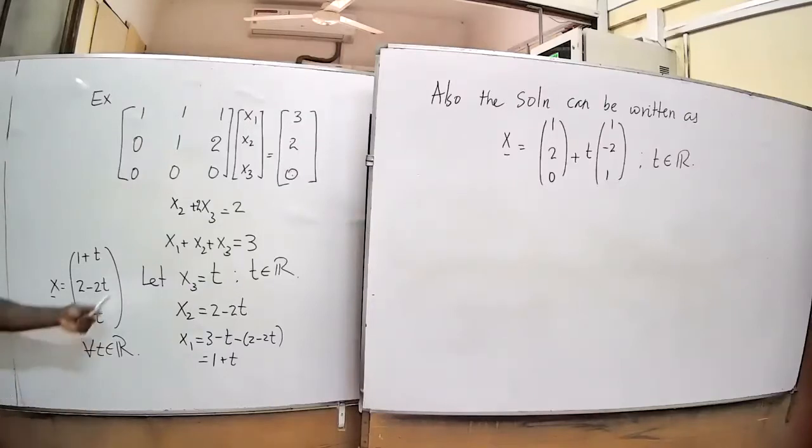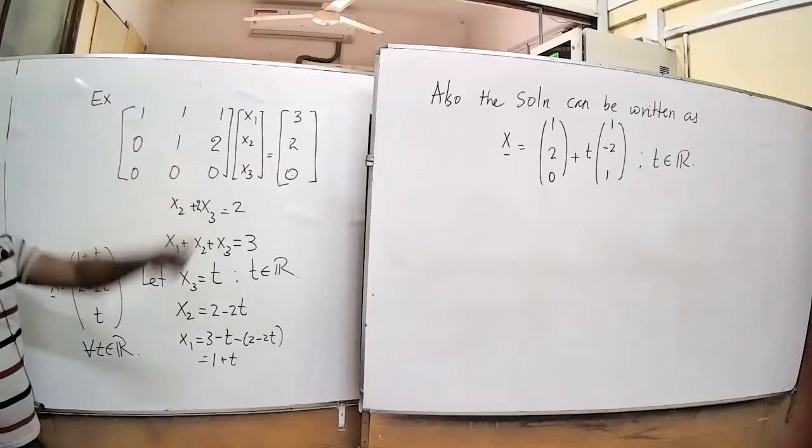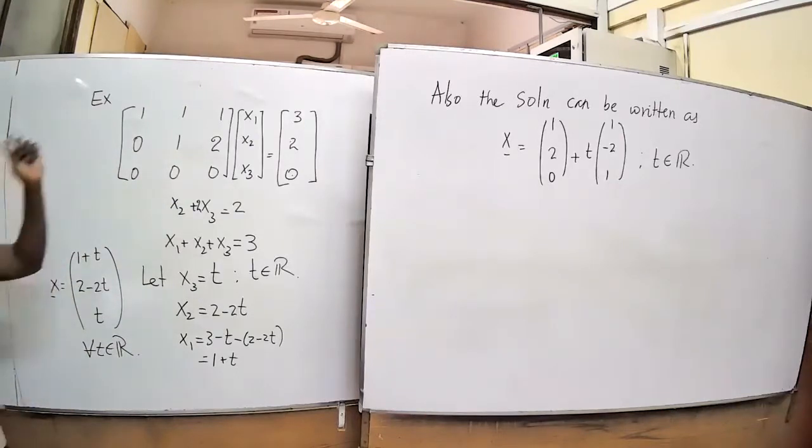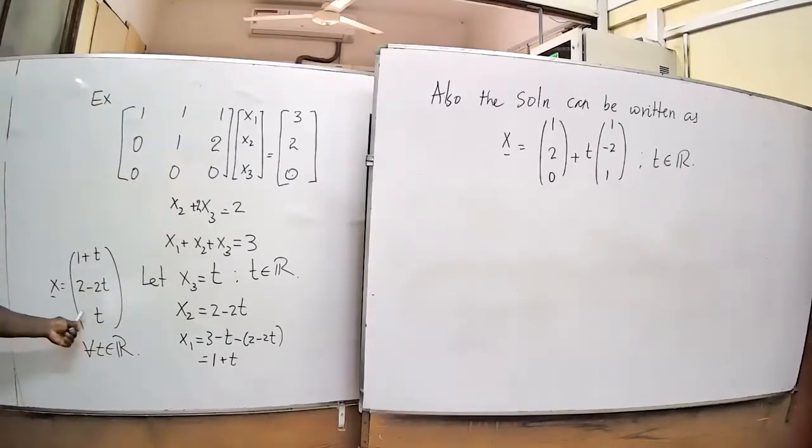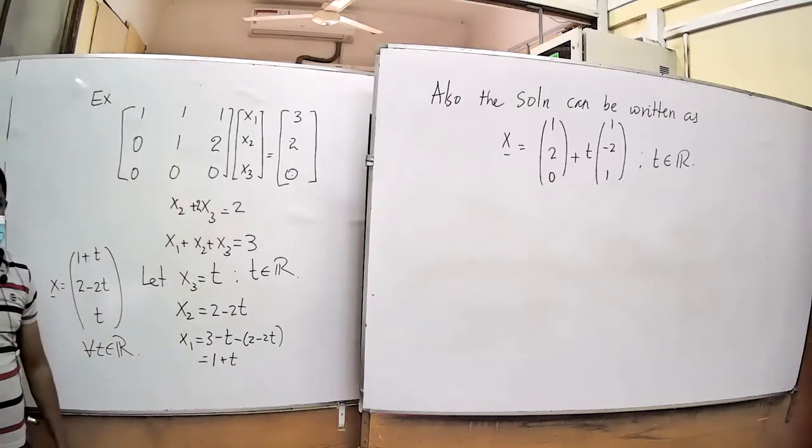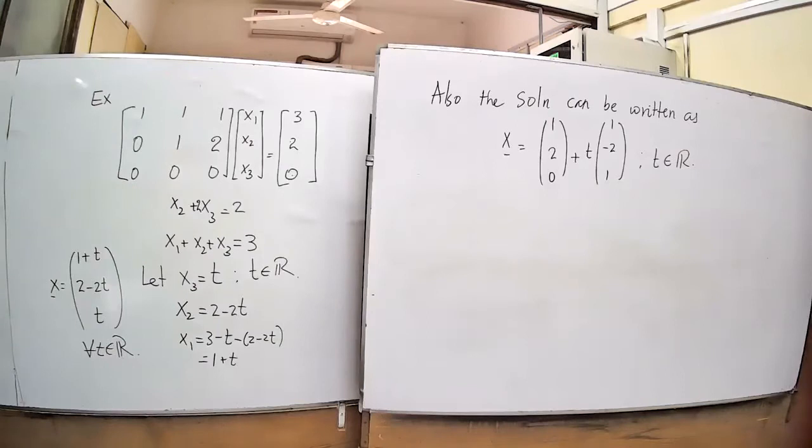So this same you can write as 1 and 1t separately, 2 and minus 2t separately, 0 and plus 1t separately, and then you take the t out, so you get t times (1, minus 2, 1), right? So this is another way of writing the solution, right?